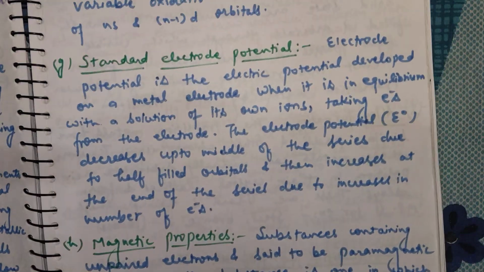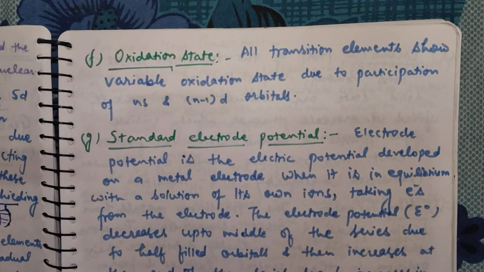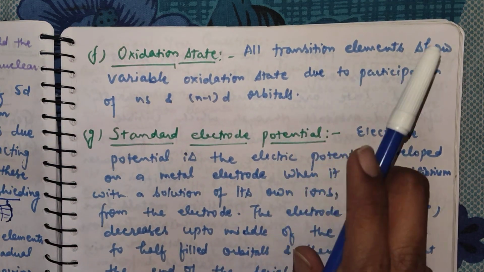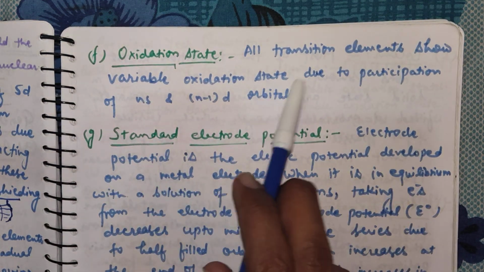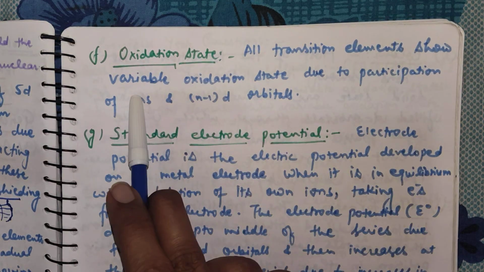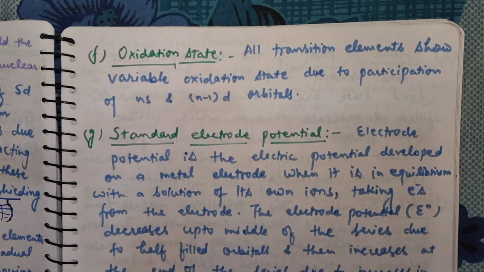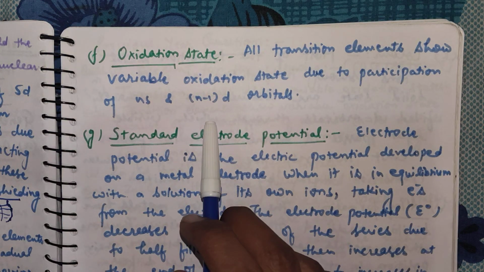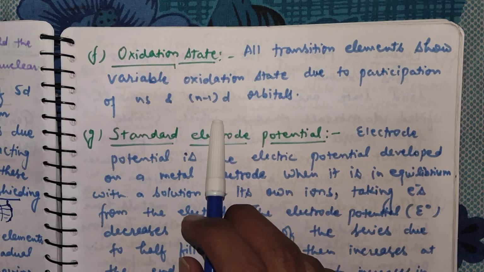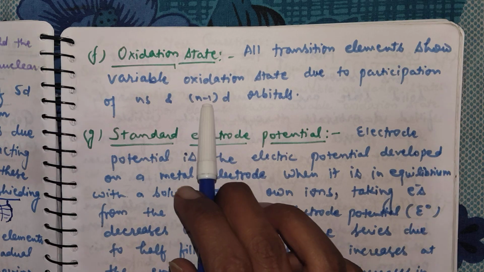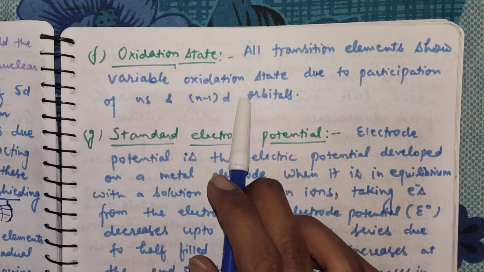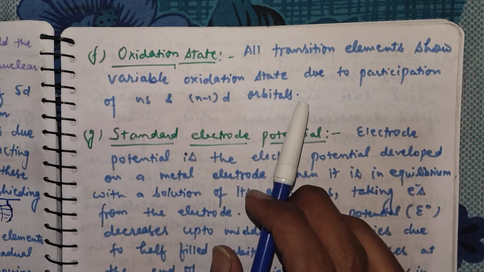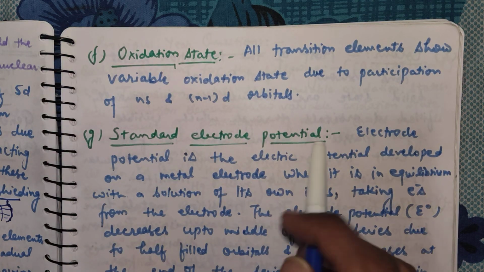Now come to the next point, oxidation state. What is the oxidation state? All transition elements show variable oxidation state due to participation of ns and (n minus 1)d orbitals. As we know, scandium shows +1, +2, +3, then +1, +2, +3, +4 up to the middle.